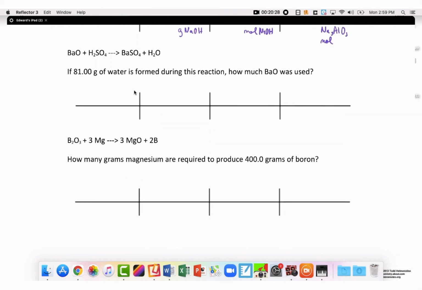Next one. Given. Unknown. And we're finding grams again. We're finding grams. So 81.00. Why don't we just call that 81 on your paper?